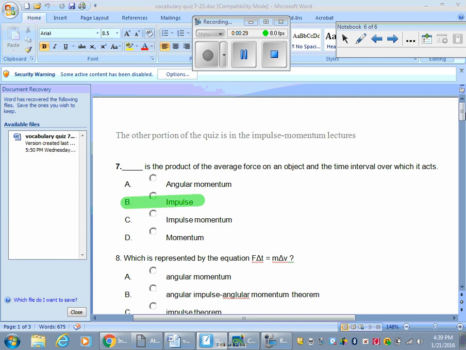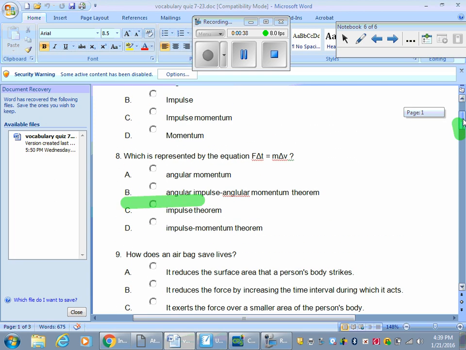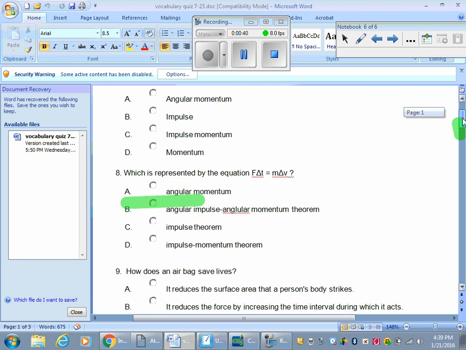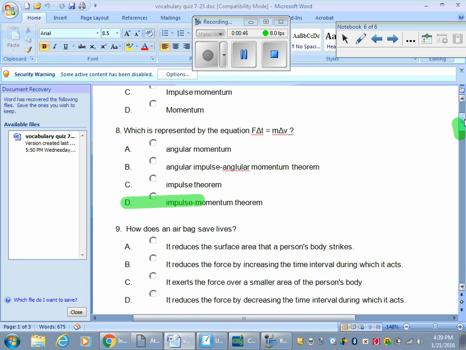Okay, this is just a straightforward problem. This is, bam, impulse momentum theorem.